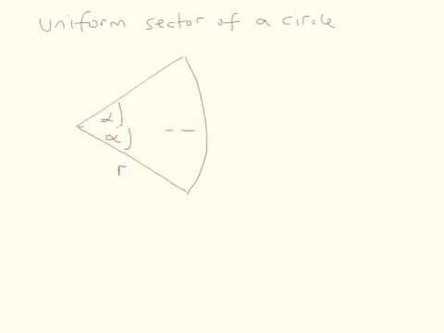Well, it can be proved, but it's not part of the course to see this proof, that the length from the centre of the circle to the centre of mass is 2r sine alpha over 3 alpha. So if the centre of mass is here, then the length from O to G is 2r sine alpha over 3 alpha.